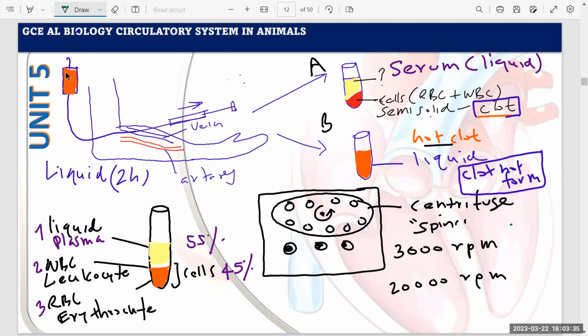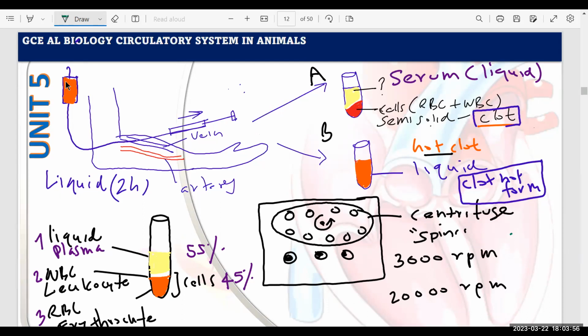Okay, now let me elaborate further. When we were learning unit 3, we learned one lesson about leeches. Now, why are leeches important?